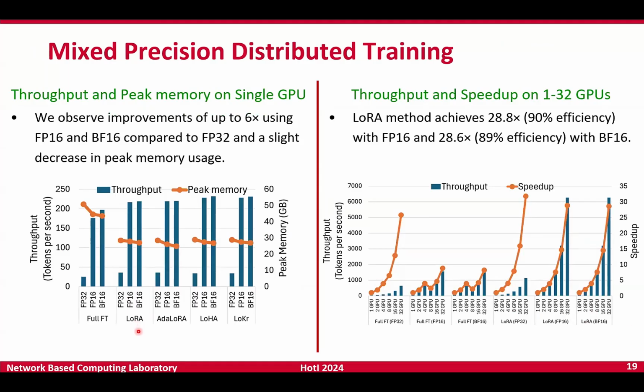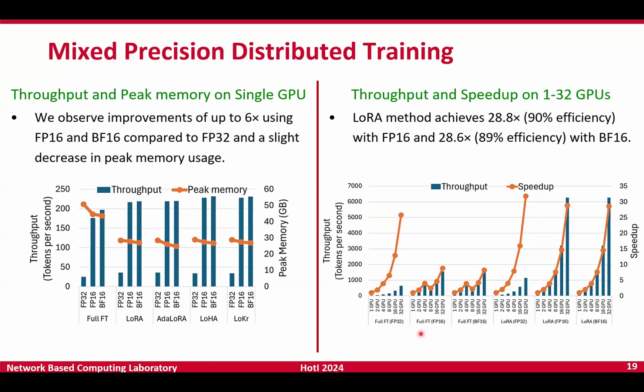Okay, so next I will discuss mixed precision distributed training. On the left side, we can see that the full fine-tuning method has a high peak memory consumption compared to LoRA and other PEFT methods, and also full fine-tuning has low throughput.